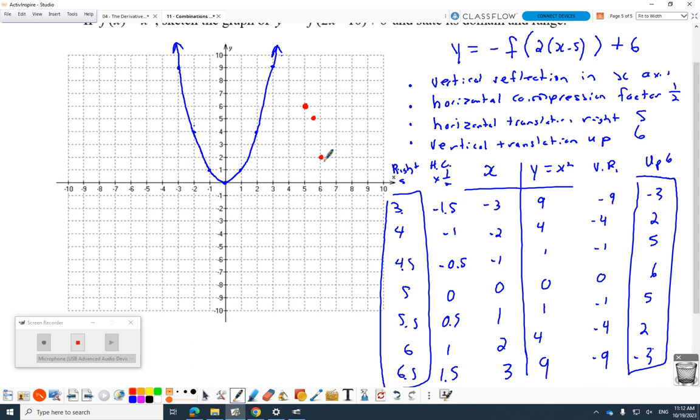And after that, I would get 6.5, -3, just like I do off the table. And I'd get 4.5, 5. And I would get 4, 2. And I would get 3, -3.